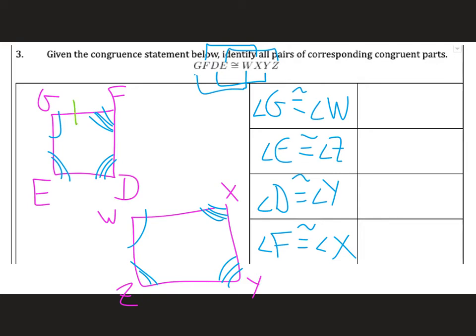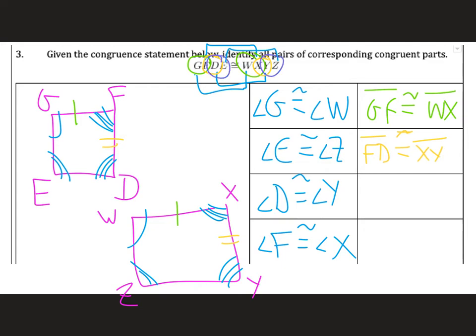I have GF and WX. So GF and WX. I have FD and XY. So FD and XY. That's a congruence. Oops. XY. I have DE and YZ.